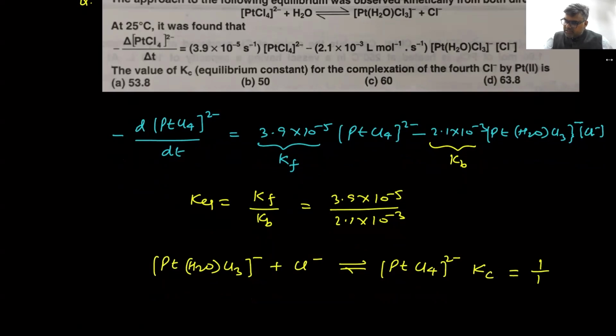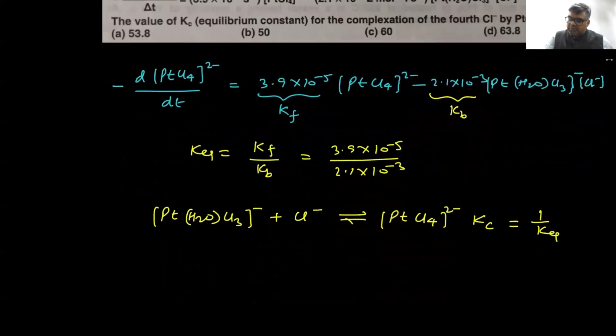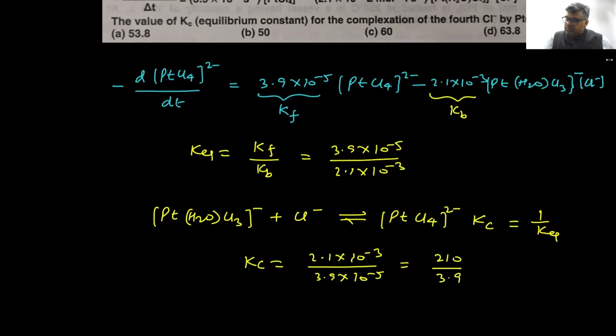So Kc will be equal to 2.1 × 10^-3 divided by 3.9 × 10^-5, which you can write as 210 upon 3.9, approximately 53 point something. Just check, it is 53.8 approximately, which is the answer I have. Just cross-check. This must be your answer.